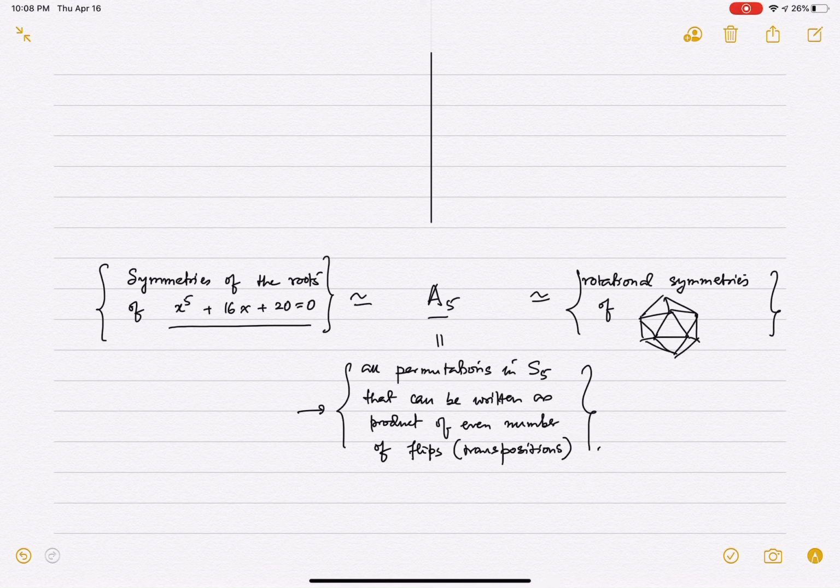What it exactly means is written here, but it doesn't matter. And it also happens to be basically the same group as the rotational symmetries of this 20-faced die called the icosahedron. So in all these 3 cases, it's sort of the same group theoretic structure. It's a group of 60 elements.